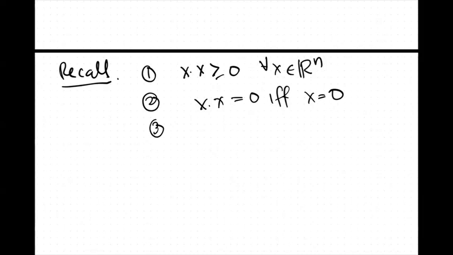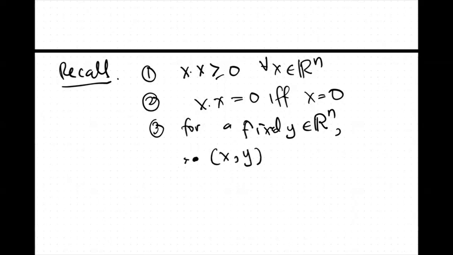Three, for a fixed y in Rn, we can think of this as a function that takes an element x and maps it to the dot product of x and y.